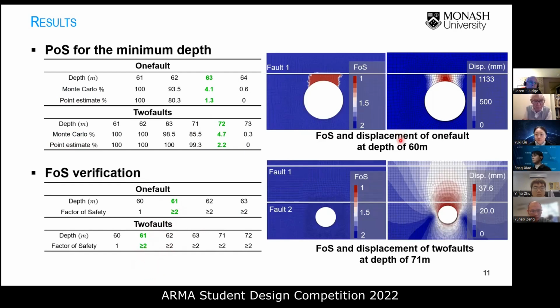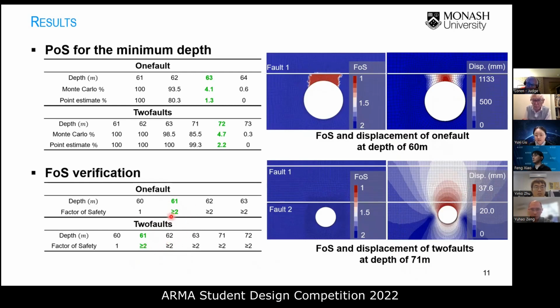The figure also shows that for the 60 meters tunnel depth, the low FOS value is in unstable states with the large displacement in the red areas at the top of the tunnel, while for the 2/4 case at 71 meter depth, the FOS is 2 in a more stable status with a smaller displacement over here. It is noticeable that we set the FOS bracket of Flex 3D as 1 or 2 to save computation power.